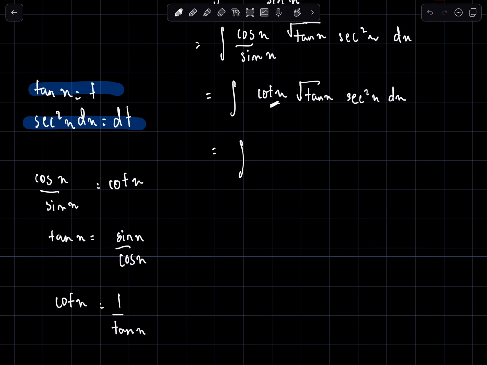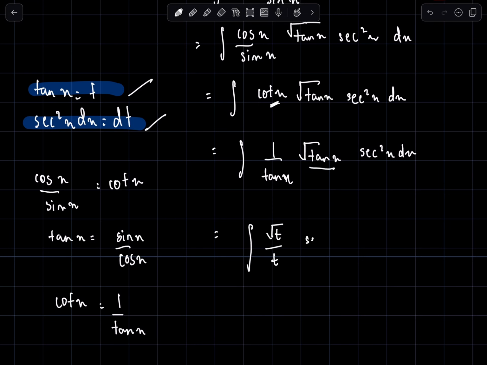So this will be the integral of 1 over tan x, root of tan x, secant square x dx. Now you do the same substitution. Tan x is t, and secant square x dx is equal to dt. The only thing that changes is it's now root of t divided by t, integral dt.